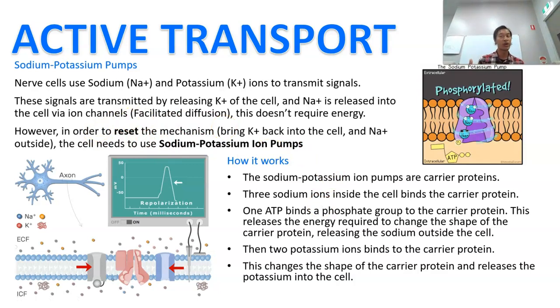And so you'll notice that when living things die, after a certain period of time their cells begin to break down, and actually the sodium gets released into the cell, and the organism, because it is dead, no longer has a way of resetting the mechanism because it doesn't use energy anymore.